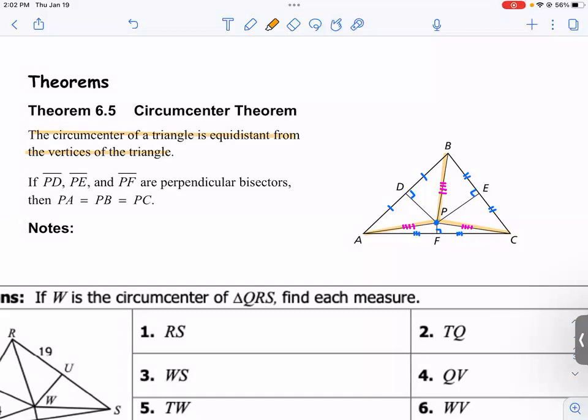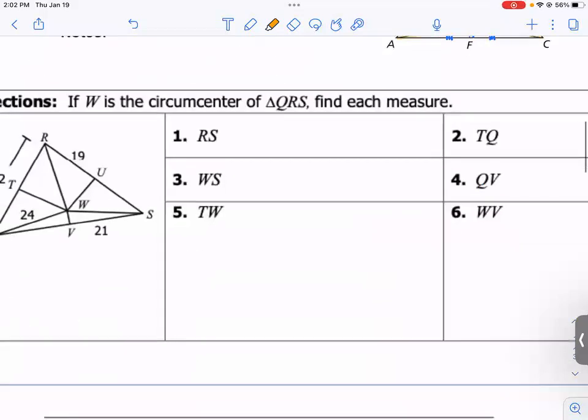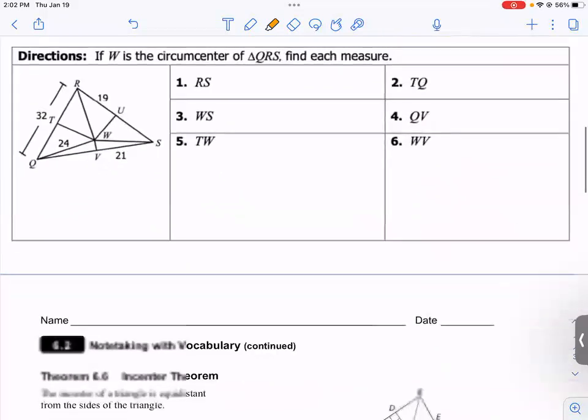All right. So this is what I want you to do. I have given you this, and it says that W is the circumcenter. Let's go ahead and highlight the 3 segments that we know are congruent because we have a circumcenter.